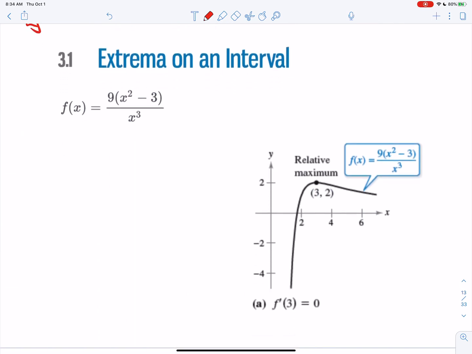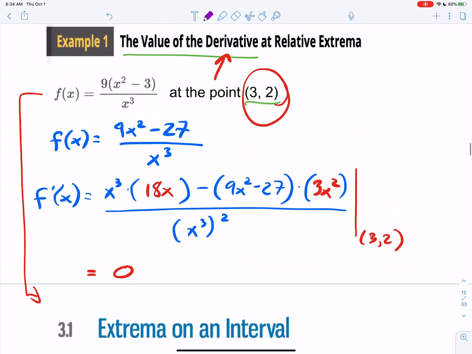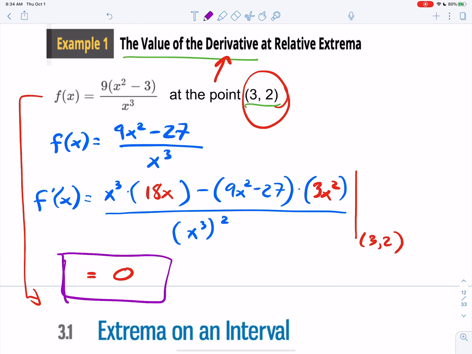Here is f of x, the graph, and notice at 3 comma 2, that happens to be a local max, or a relative max if you want to call it that. If you draw a tangent line there, it would look horizontal, which implies that we have a derivative equal to 0.